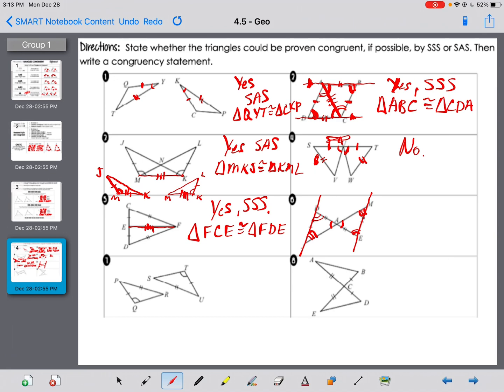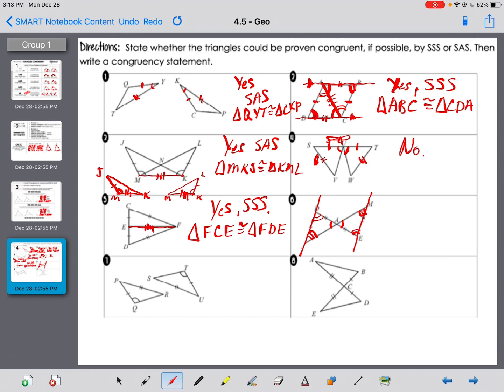Now, all three angles, AAA, doesn't give us anything. But angle side angle does, and angle angle side does, and we got either one of those. So we can pick whatever we want.